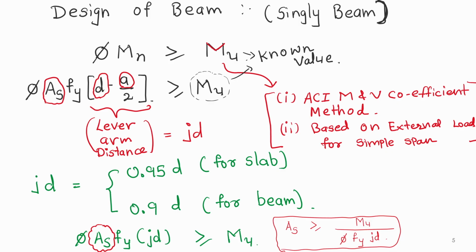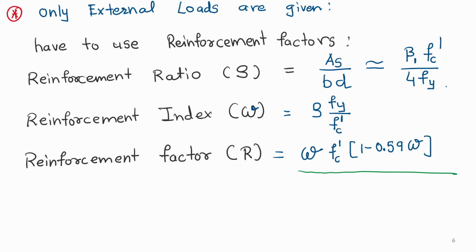So again, we can use this in the equation and determine that the area of steel is greater than or equal to the external moment over phi, which is the strength reduction factor, over Fy, which is the yielding stress, times jd.